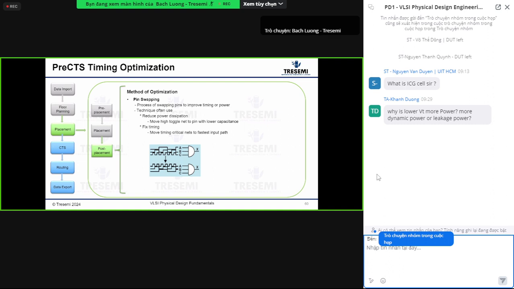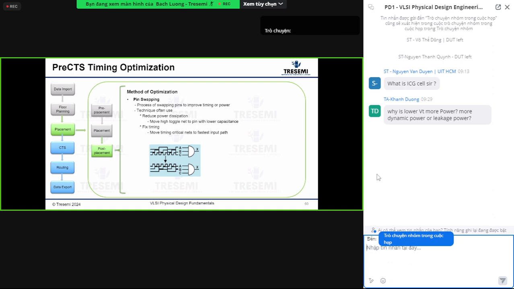Wait, hold on. I'm sorry, let me regroup. This gets into the physical portion. So basically the faster it is, the more dynamic power.